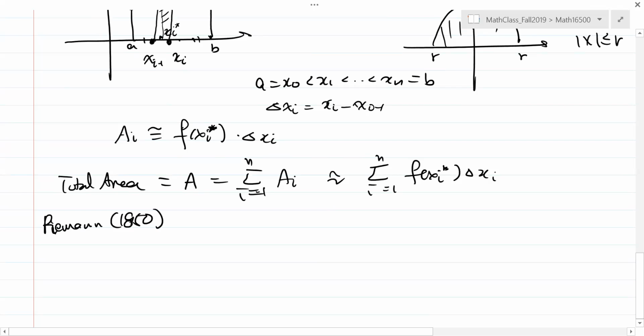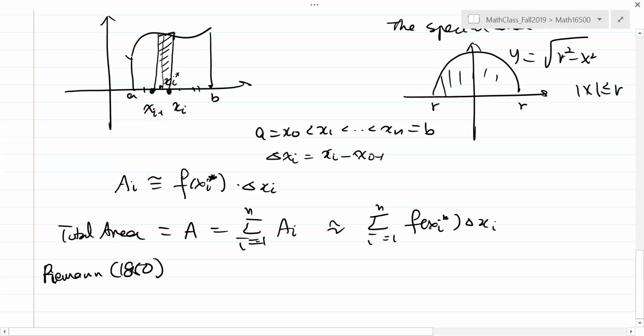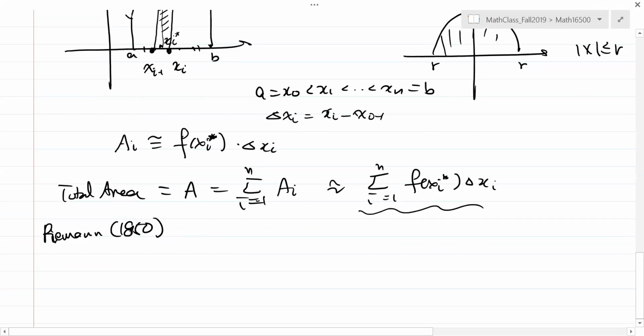If the error for each small region is small, but when you add them together it may be large, then it's not good. I want to make sure this is indeed very close to the area of the region. Riemann says don't worry about it. If the function is continuous, he proved that it can be very close to the area of the region.